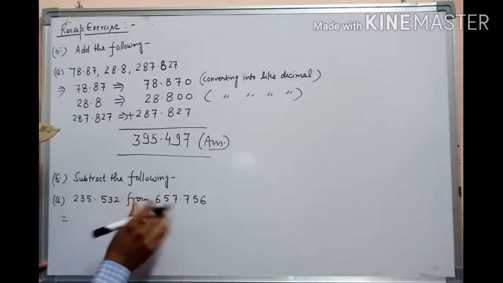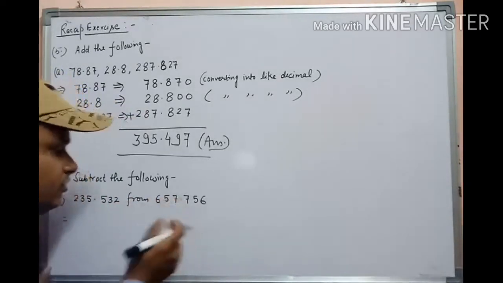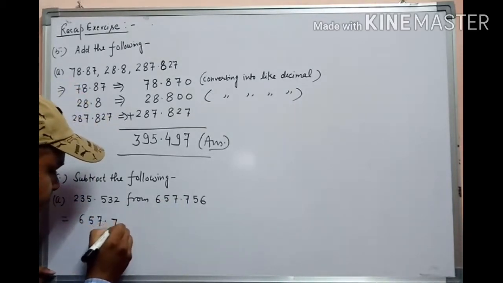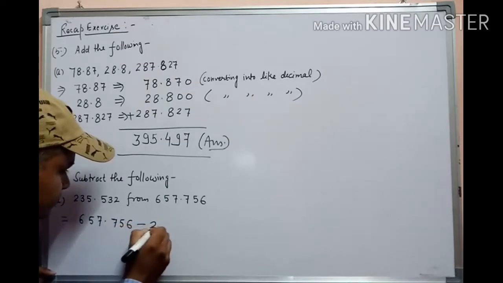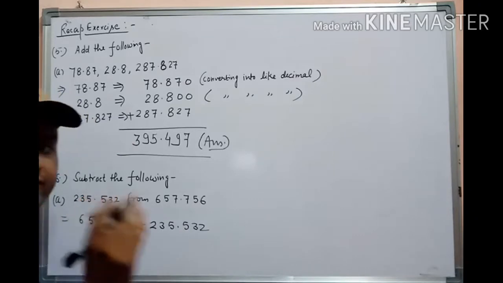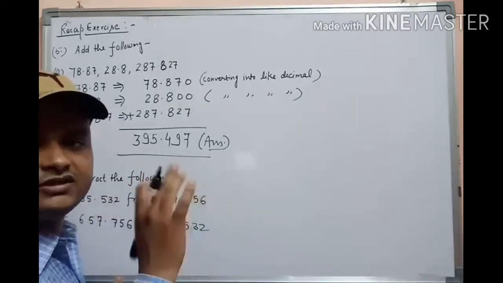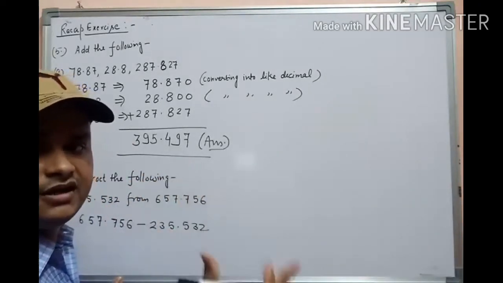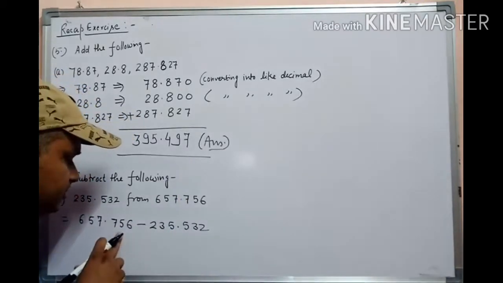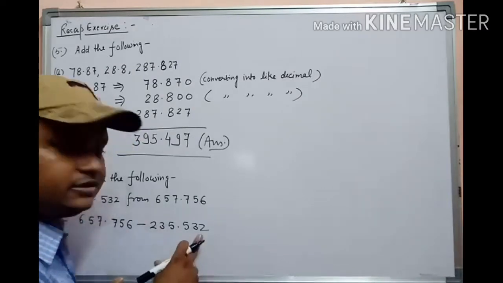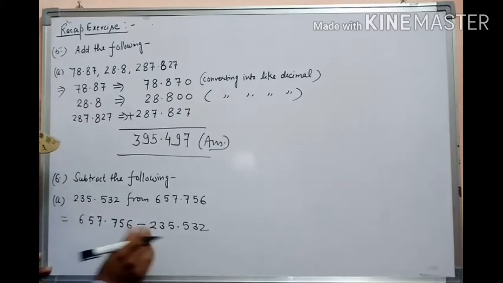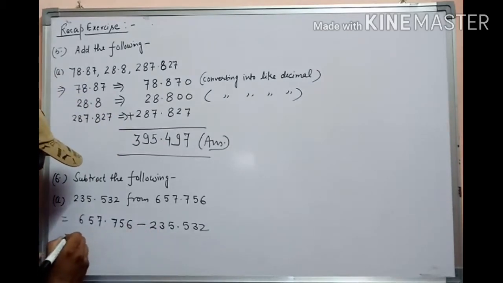Now first of all you have to write this statement in the usual form like this: minus, and you have to check whether both decimal numbers are like decimals or not. Both are like decimals, because there are 3 digits after the decimal here and 3 digits after the decimal here.